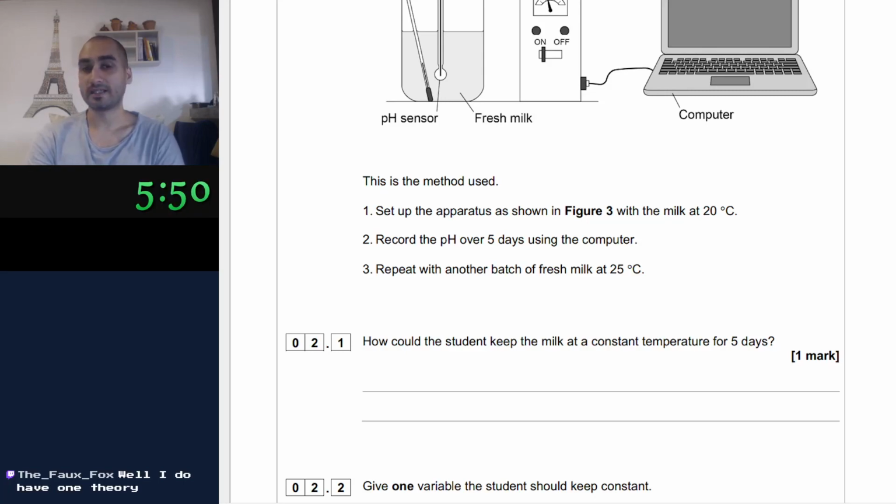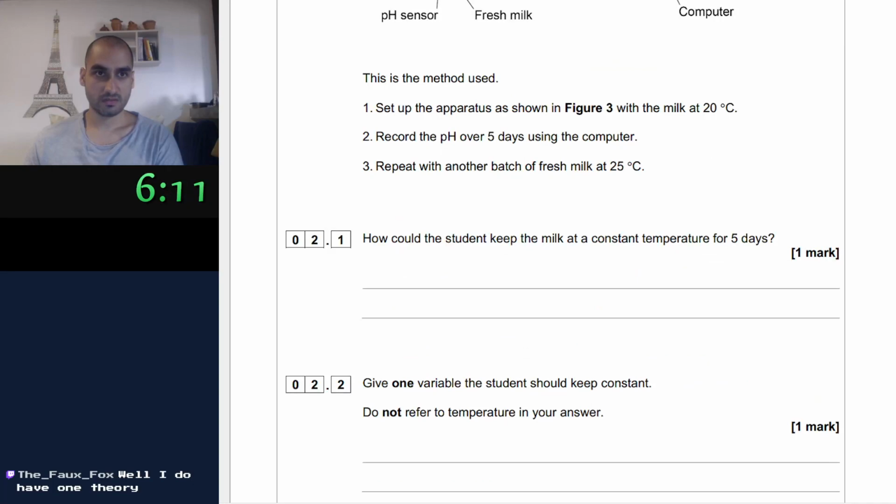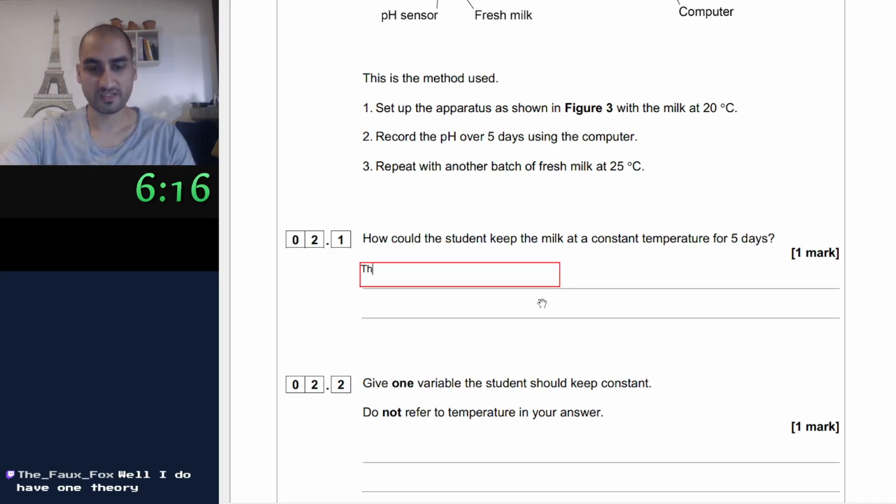Keep the room at a fixed temperature? No, that can't really work. I'm trying to think of a piece of equipment that would keep it at a steady temperature. I don't actually know. Let's just say thermostat, but this doesn't make any sense.